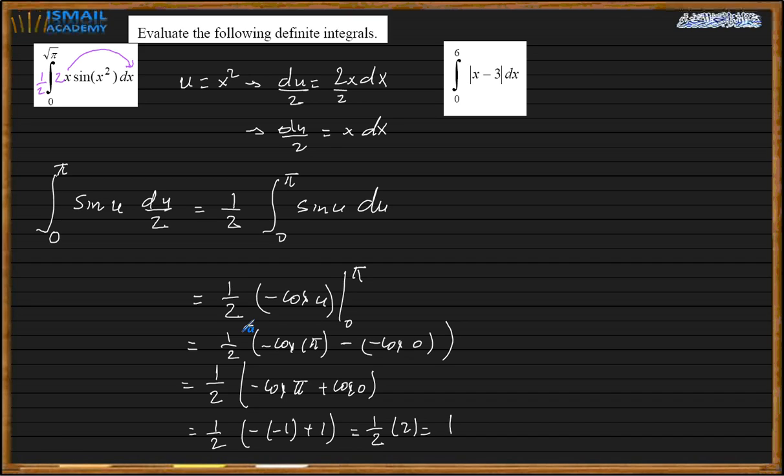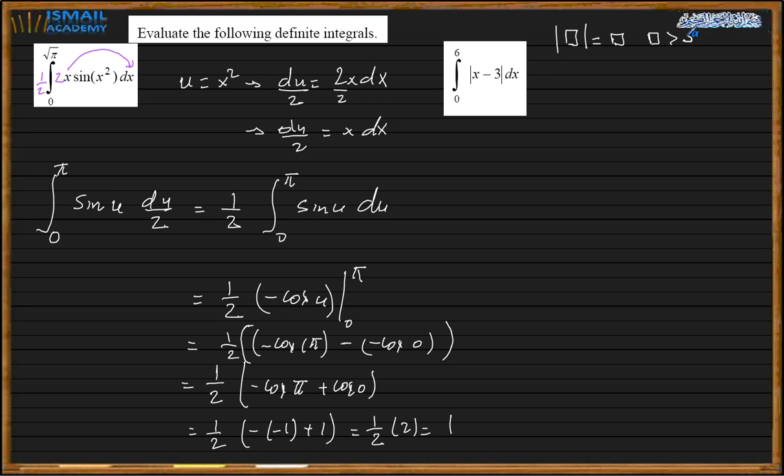Now, next we have the absolute value of x minus 3. x minus 3 is positive when x is greater than 3, and negative when x minus 3 is negative.